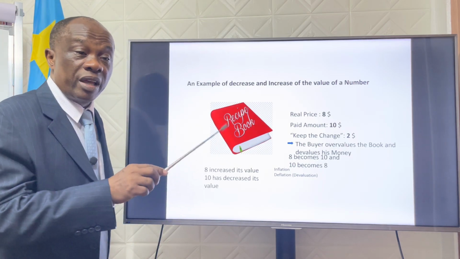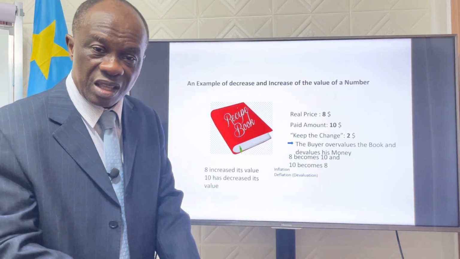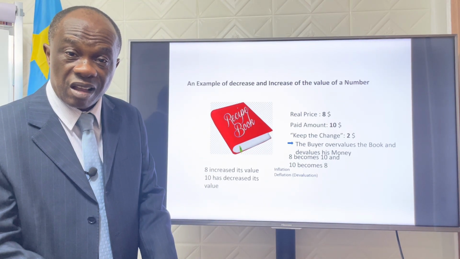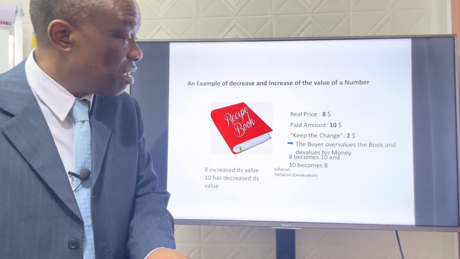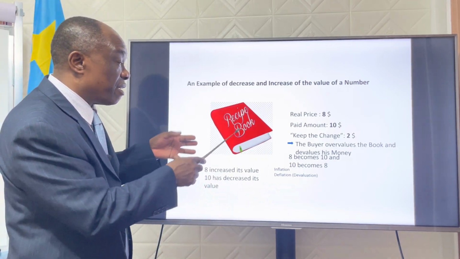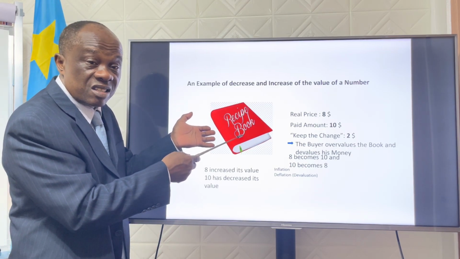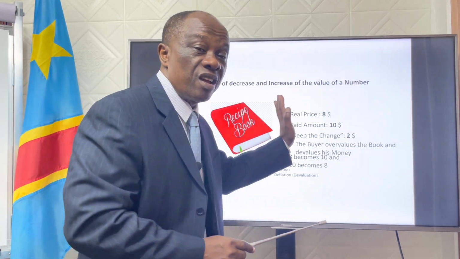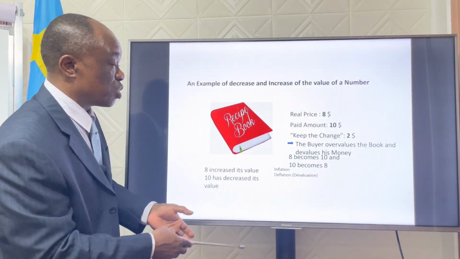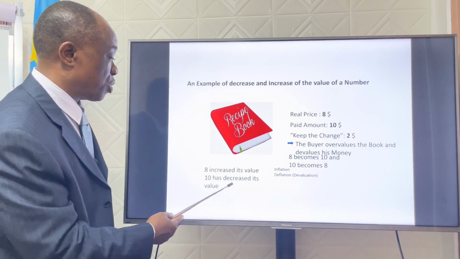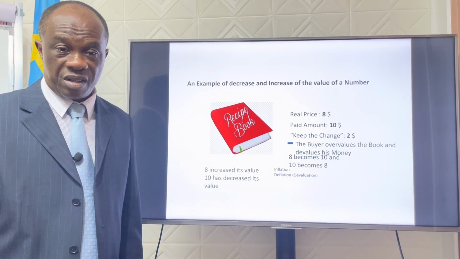So your $10 becomes $8. In reality, you are going home with $8. And him, with his book, which was supposed to be only $8, is going home with $10. So he's increased and you're decreased. So here we see what we call inflation and deflation of a number.